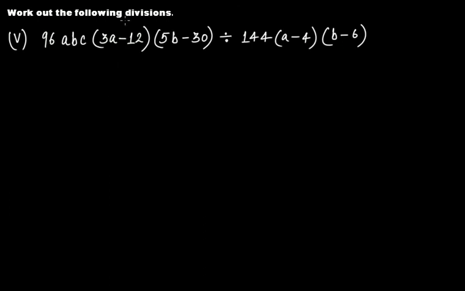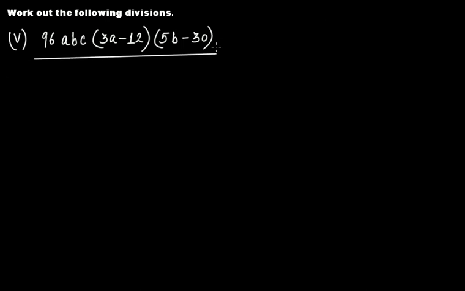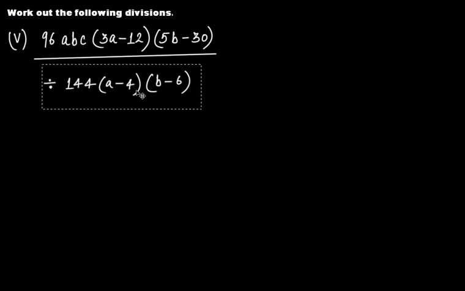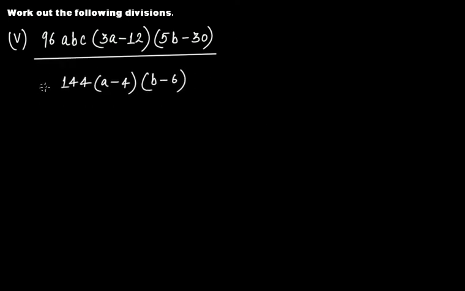And the last one, we have 96 multiplied by ABC multiplied by 3a minus 12 multiplied by 5b minus 30, and you have to divide by this.